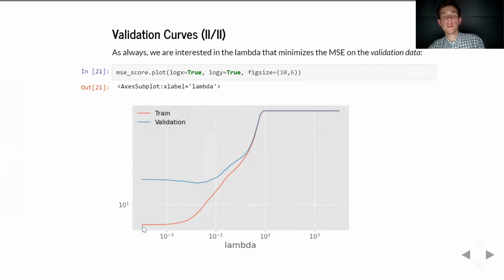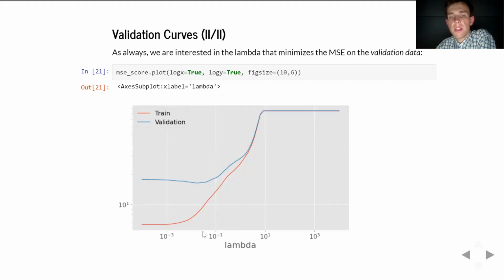You can see here that for low lambdas, the performance on our training data was very good. That's basically because we had overfitting, while the performance on our validation data was not as good, right?